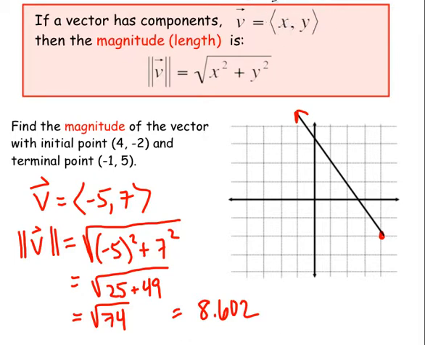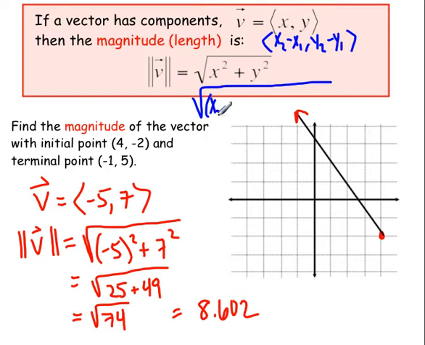So magnitude, I just want you to kind of understand that. Do you remember how we got component form on the last page? We had to do x2 minus x1, and then we had to do y2 minus y1. That's how we got our component form. So if I was to rewrite this, and instead of x, put in the x2 minus x1, you might already be guessing what's going to happen here.